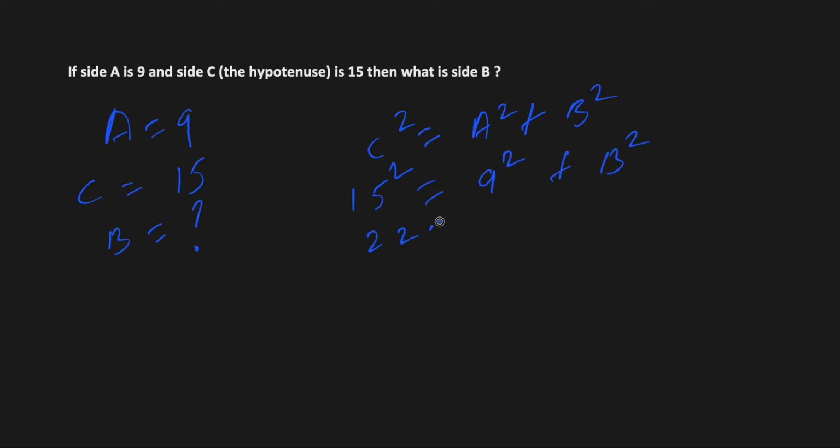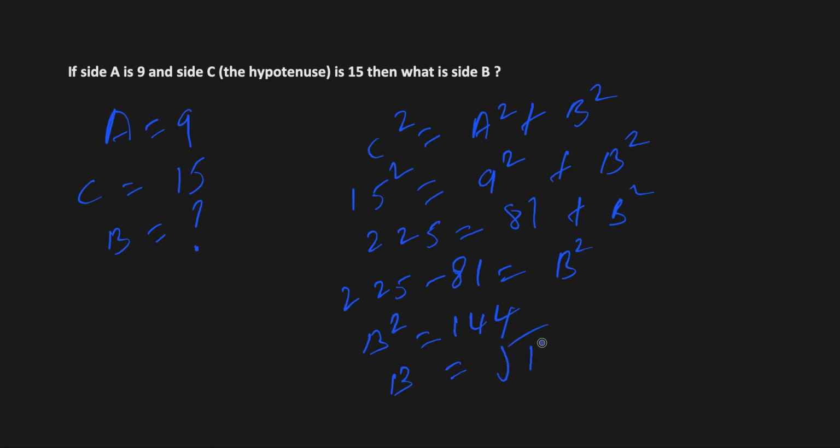So 15 squared is 225, 9 squared is 81, and what's B squared? We'll have to subtract 81 on both sides. So we get 225 minus 81 equals B squared. And 225 minus 81 is 144. Therefore B is the square root of 144, which is 12. So with A equals 9, C equals 15, B is 12.